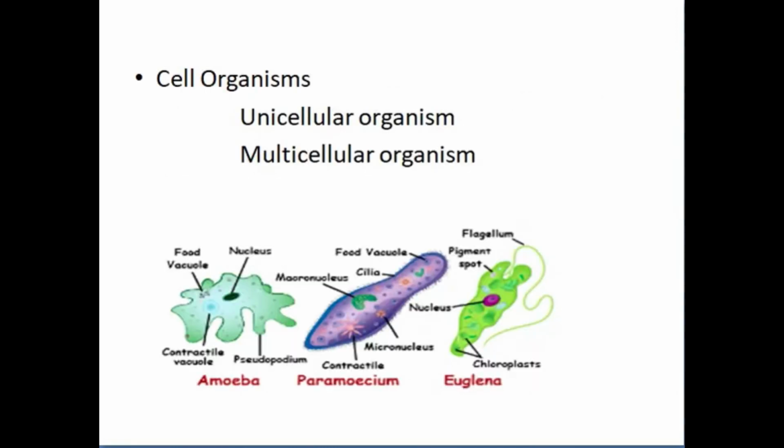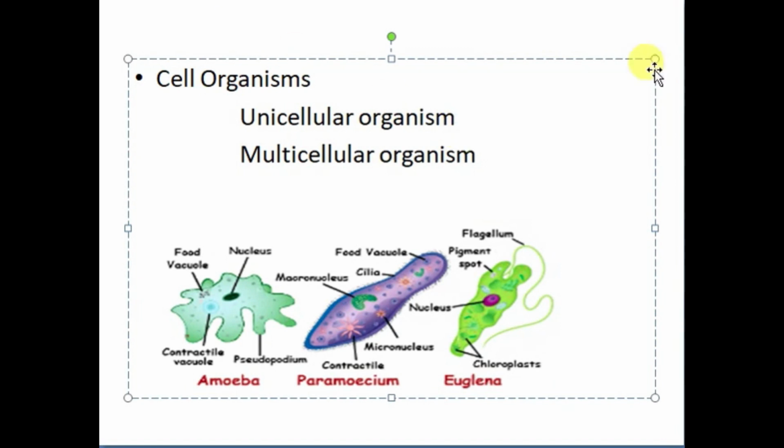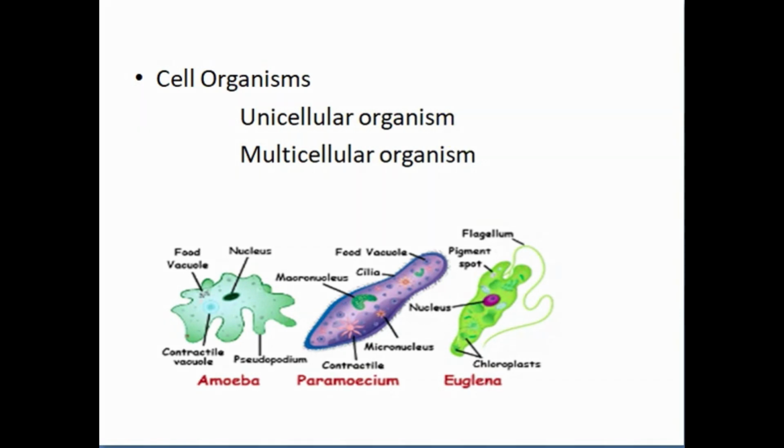One thing that is left is, in case of unicellular organisms, we have two more terms, endocytosis and exocytosis. So what is endocytosis? It is when the cell engulfs food. In case of paramecium and amoeba, I've explained how it takes in food. That process is called endocytosis.